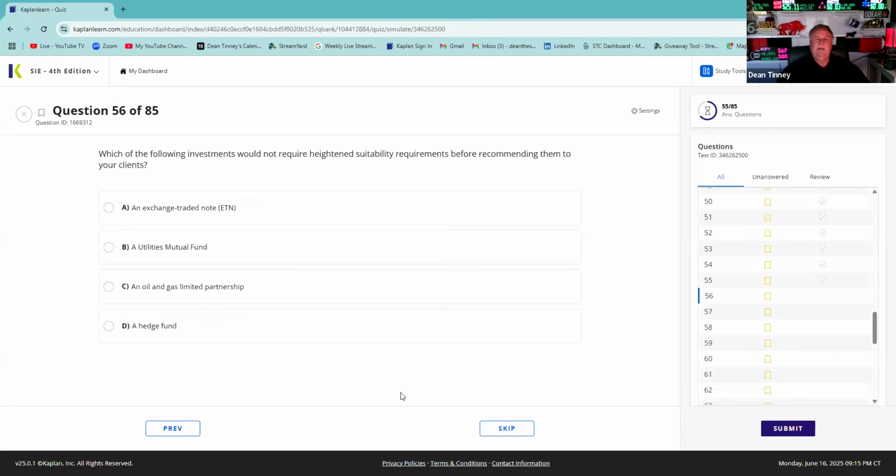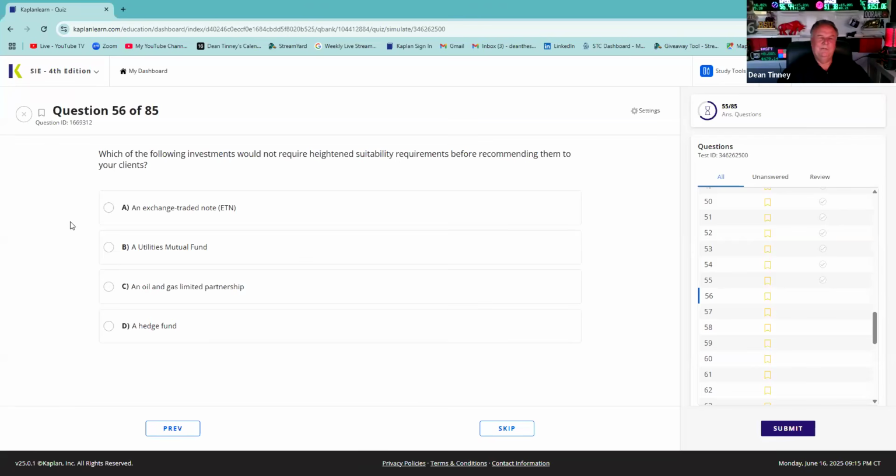Which of the following investments would not require heightened suitability requirements before recommending them to your client? So three of these things are dangerous, and one of these things is pretty mellow. I think the mutual fund will be the one.